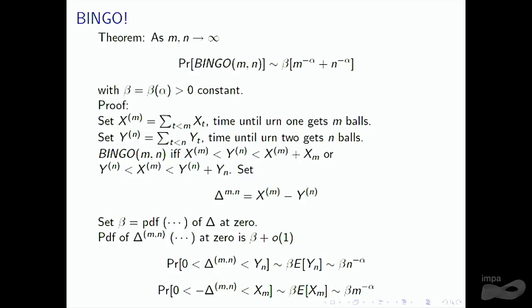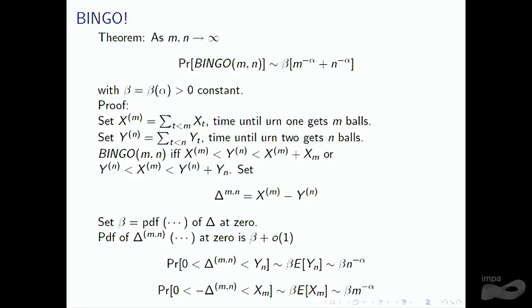In order for bingo to occur, in the case where x_m is less than y_n, the waiting time till the next ball has to be greater than delta. So this is a tautological thing. There are two cases, depending on whether delta is positive or negative.